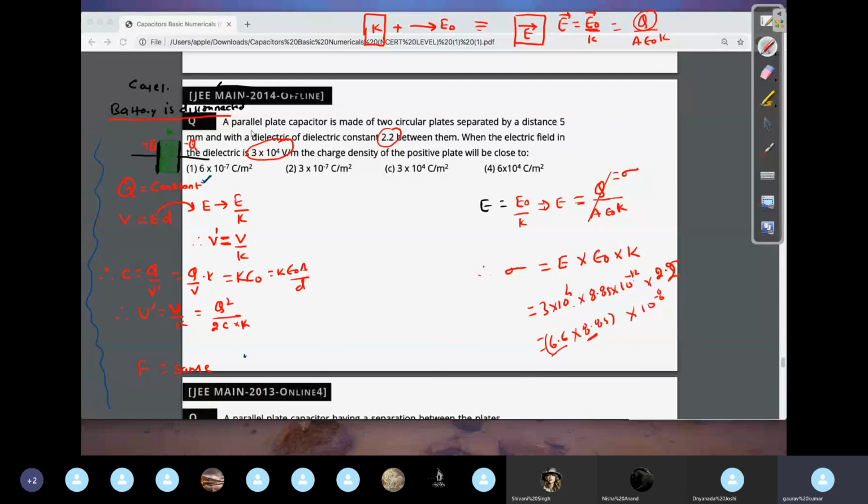So 48, slightly greater than 48, right? 6.6, you can take 7, let's say 7. This, you can take as 9. 6 you will have, provided you just remove one power from it, right? So in that case, the answer will be A, right? I'm doing the approximation.